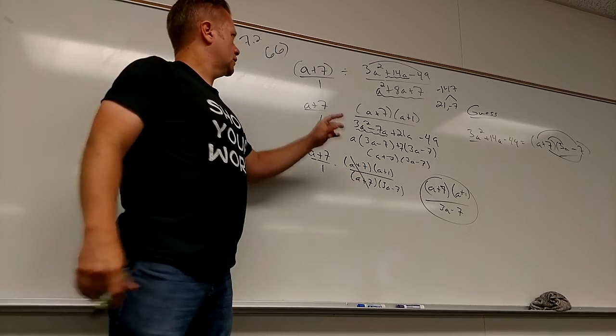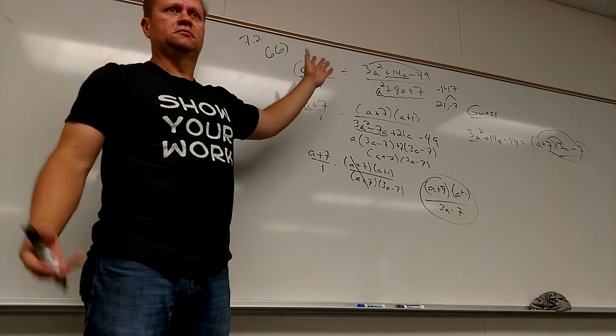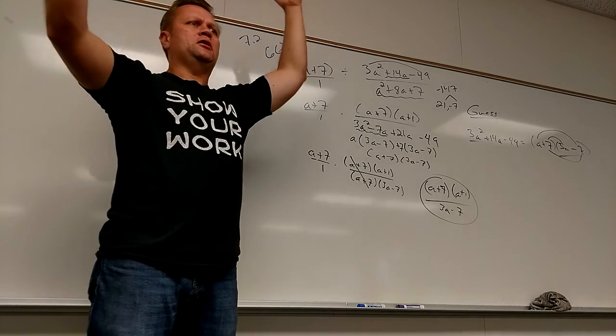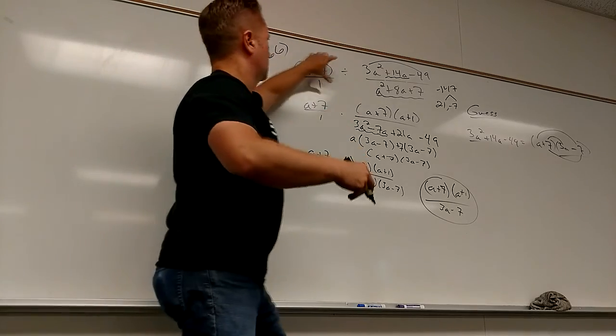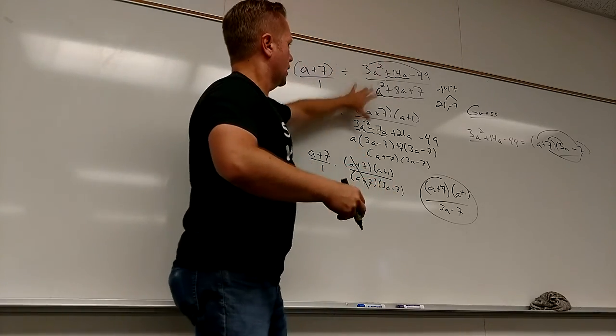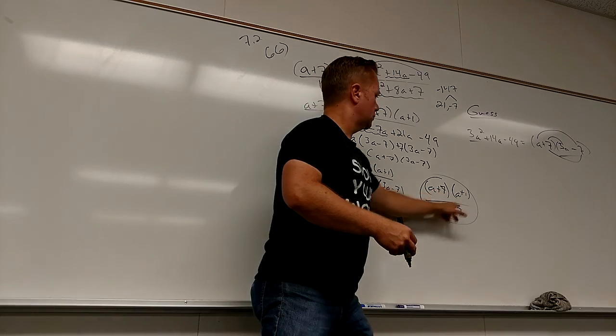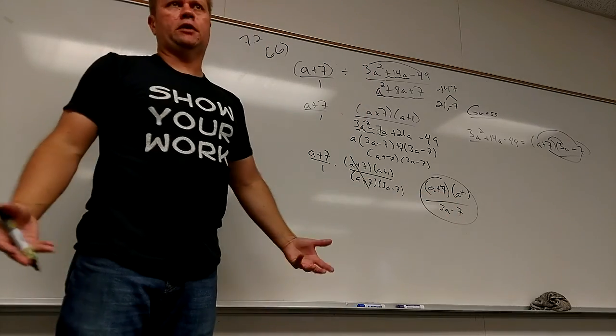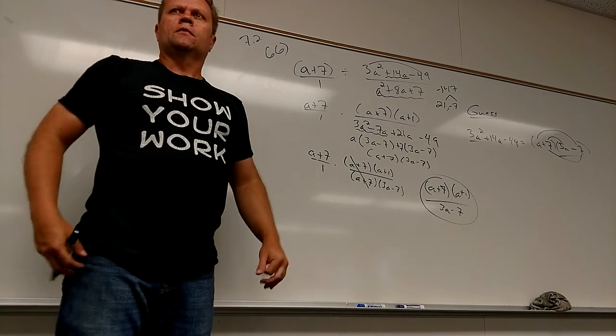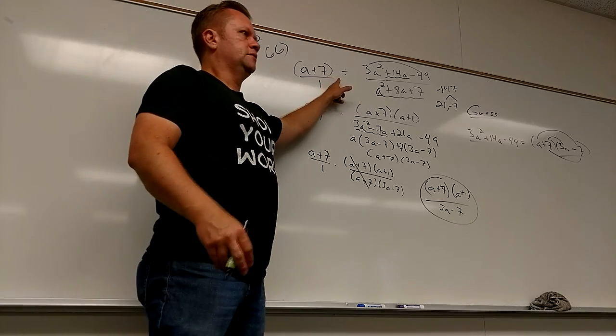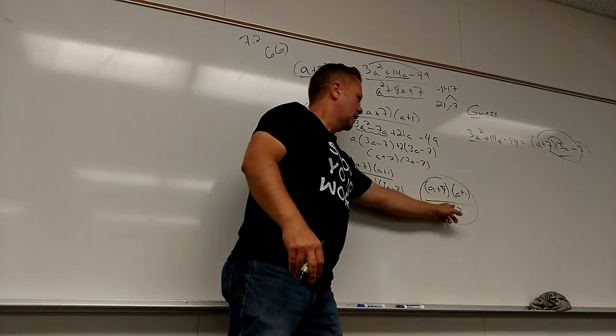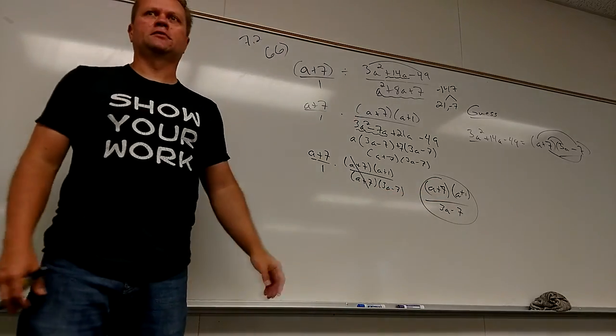Just to remind you, if you let A be a number, if you let A equal 2, that's a number, that's a fraction. If you work it out, you'll get what this is when you put A equals 2 in there. That's a way to check it. We are claiming that this is that, no matter what A is. Yes?